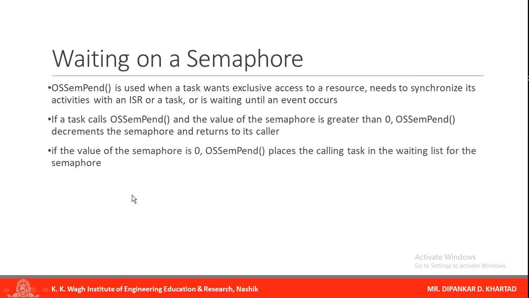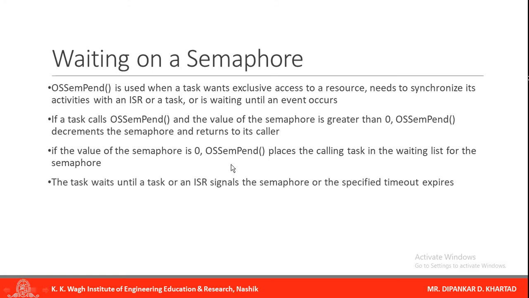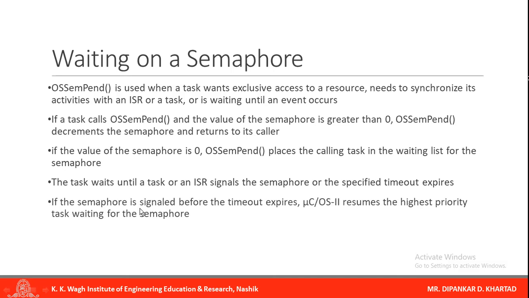If the value of the semaphore is 0, then OSSemPend places the calling task in the waiting list for the semaphore. The task waits until a task or an ISR signals the semaphore or the specified time expires. If the semaphore is signaled before the timeout expires, uC/OS-II resumes the highest priority task waiting for the semaphore.